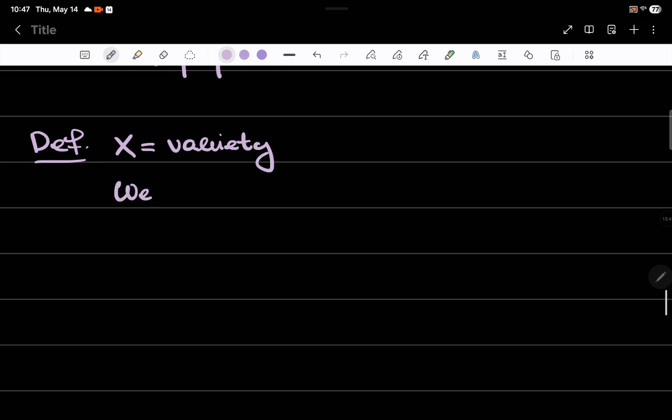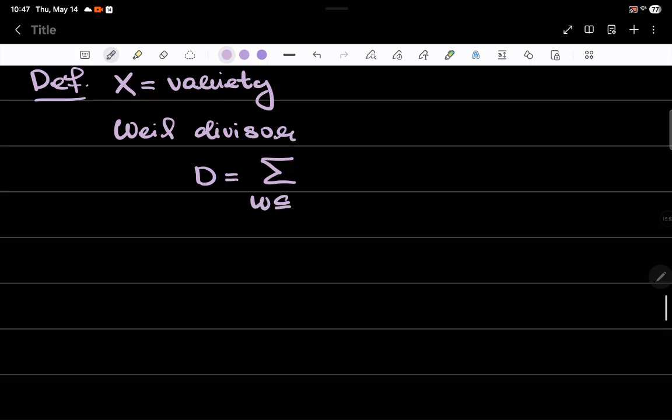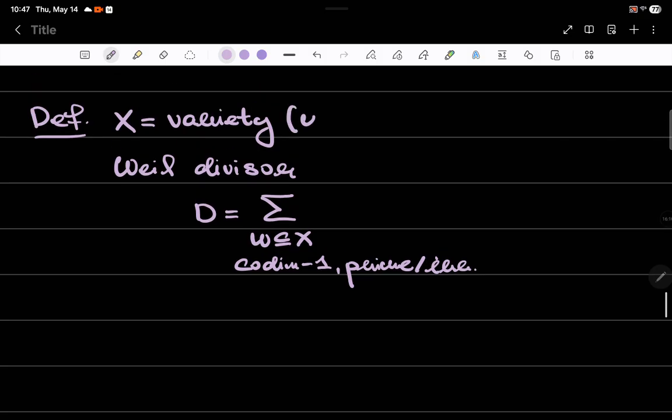A Weil divisor is a sum over codimension 1 prime, which I'll say irreducible, subvarieties W, and I'll assume X is normal, and regular in codimension 1, so that things behave nicely.